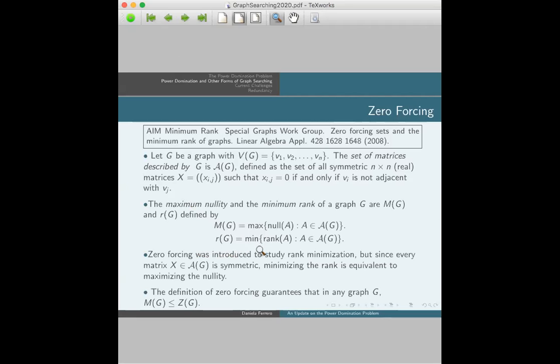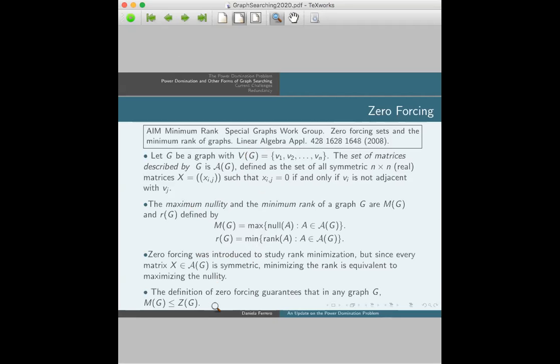As expected, since the matrices are symmetric, rank minimization is exactly the same as maximization of the nullity. And notice that even the title says zero forcing and the minimum rank of graphs. Their goal was to bound the minimum rank of graphs.